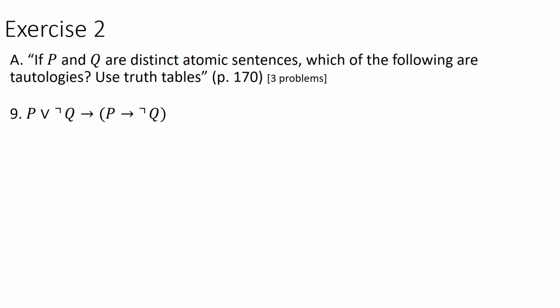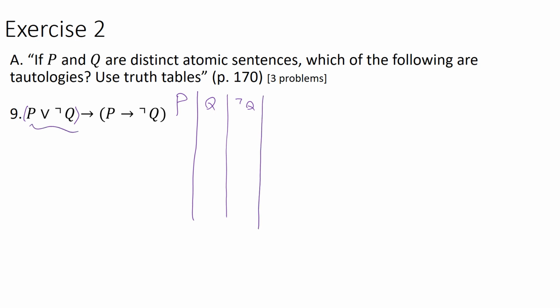Let's take a stab at number 9. So for the heck of it, I'm going to put this disjunction here in parentheses, only because that's helpful when reading that off. So we have two atomic sentences, P and Q. We have not Q as a molecular sentence.